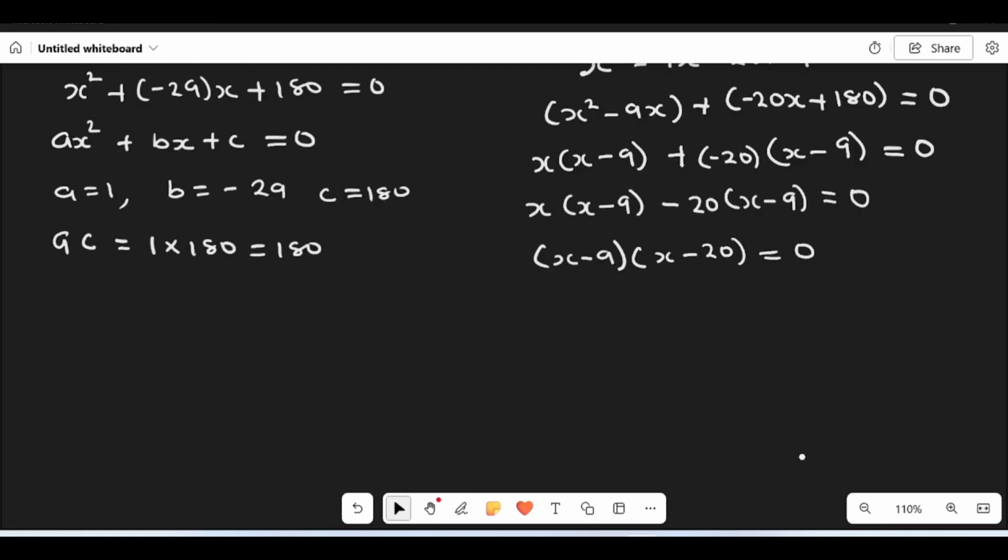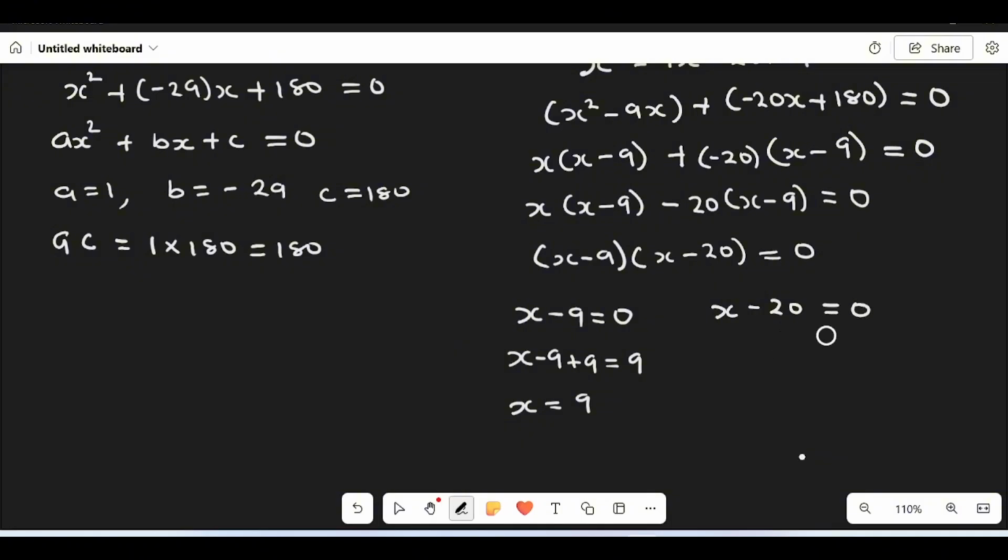Solve each factor by setting each factor to 0 and solve for x. x minus 9 equal to 0. Add 9 to both sides. x minus 9 plus 9 equal to 9. Minus 9 plus 9 is 0. x equal to 9. x minus 20 equal to 0.